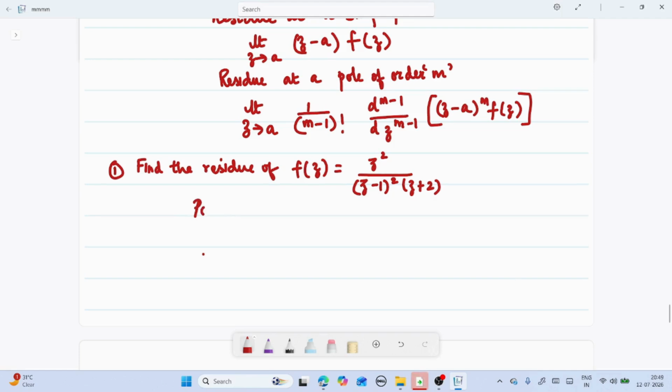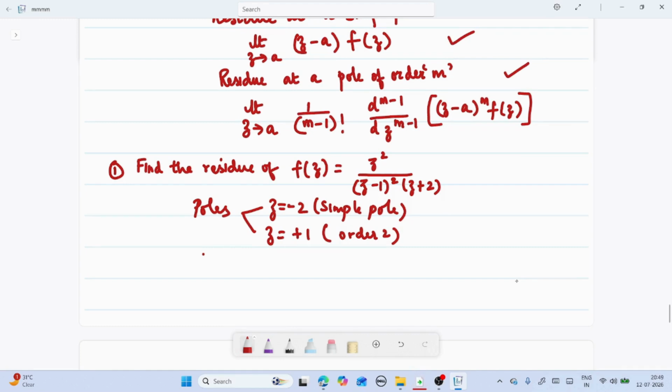So here we have z equal to minus 2, which is a simple pole, and z is equal to plus 1, which is a pole of order 2. So we are going to find the residue at these poles using the 2 given formulae.